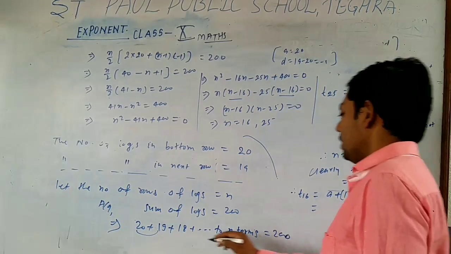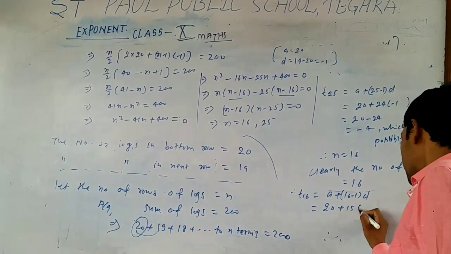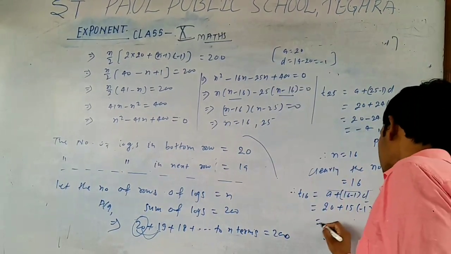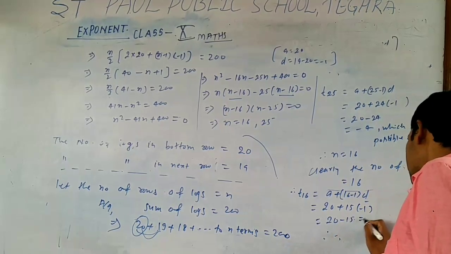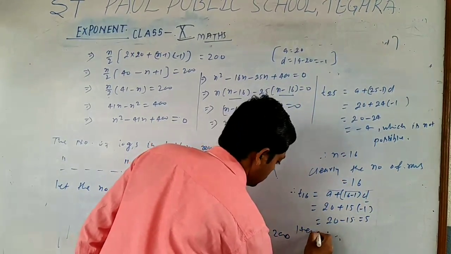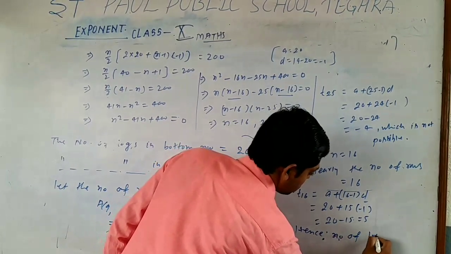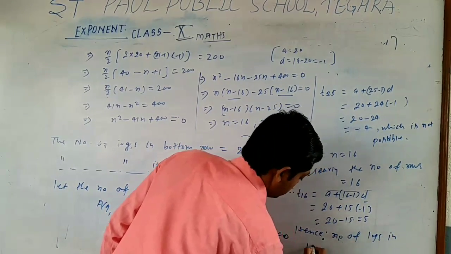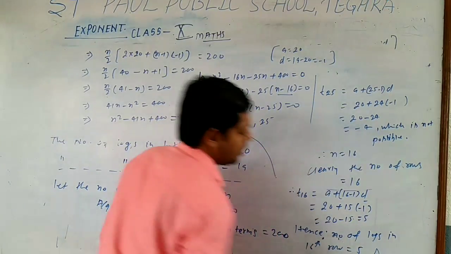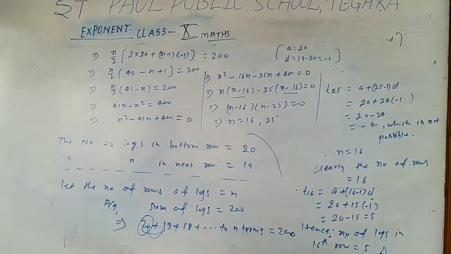In place of a we put 20, plus 15, in place of d we put minus 1. This becomes 20 minus 15, that is 5. Hence the number of logs in the 16th row is equal to 5. Thanks for watching the video.